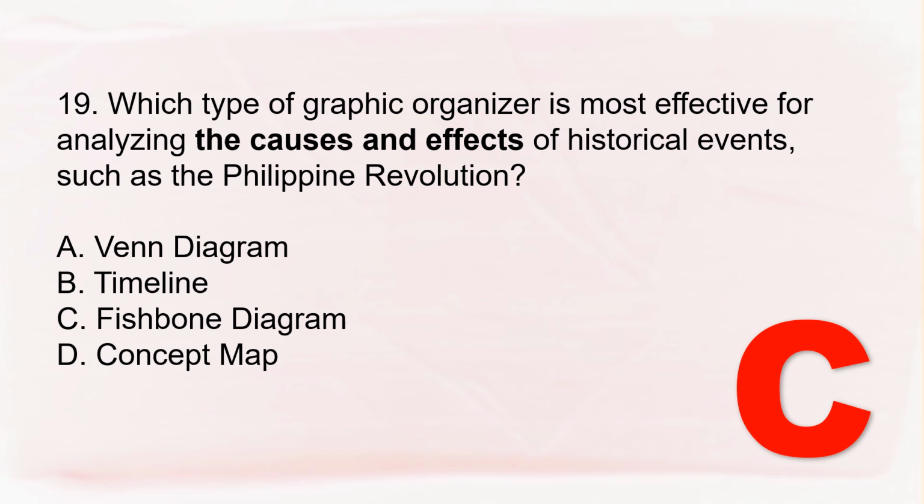For Venn diagram, letter A, this is best for comparing and contrasting, not cause and effect relationships. For letter B, timeline, this organizes events chronologically but does not analyze cause and effect. For letter D, concept map, this shows relationships but lacks a cause and effect structure. Only letter C is the best answer.